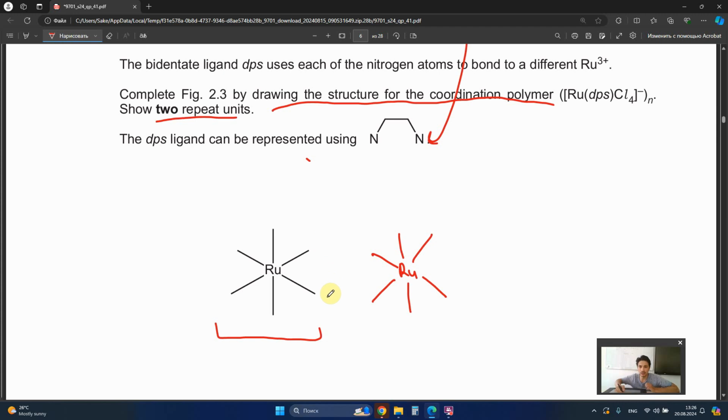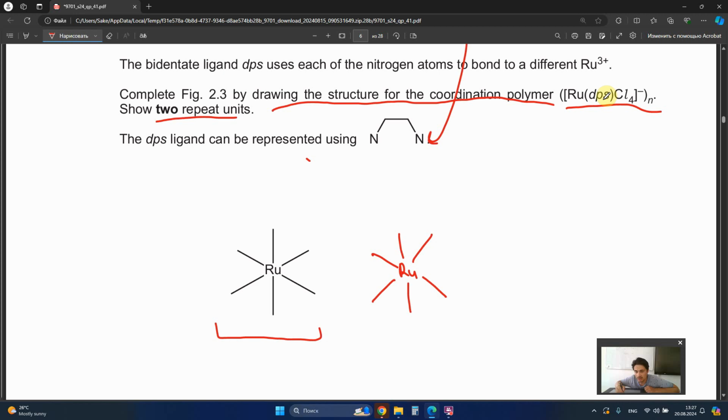But we are not asked about them. And some hints are already given. The structure of the polymer is shown here by the formula. So you have some repeating units containing this number of ligands of DPS and chlorine ligands. So you can assign 4 chlorine ligands after you assign 1 DPS.